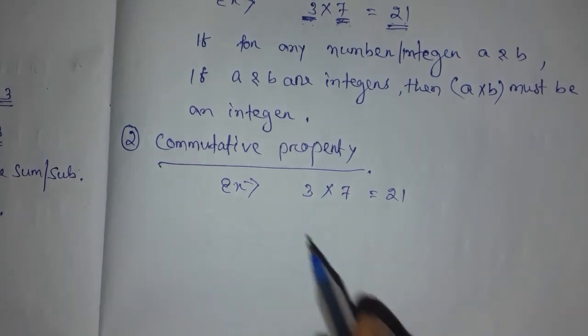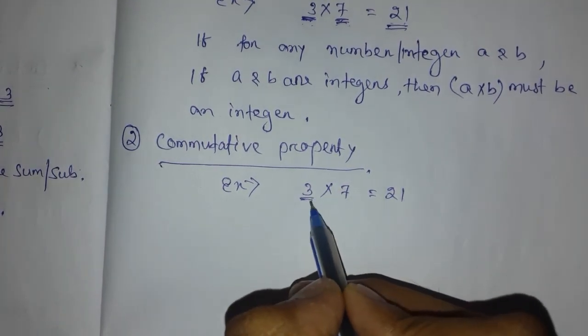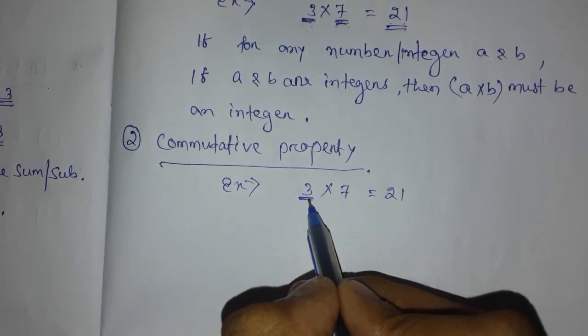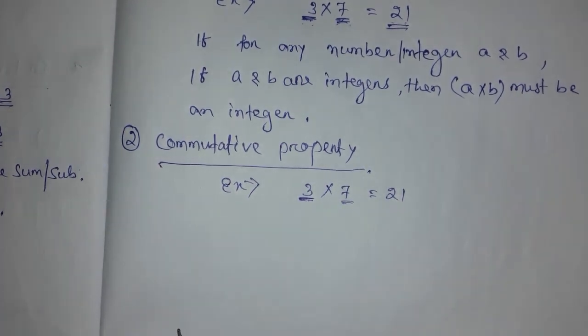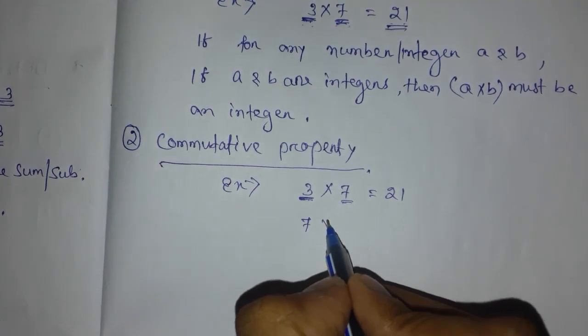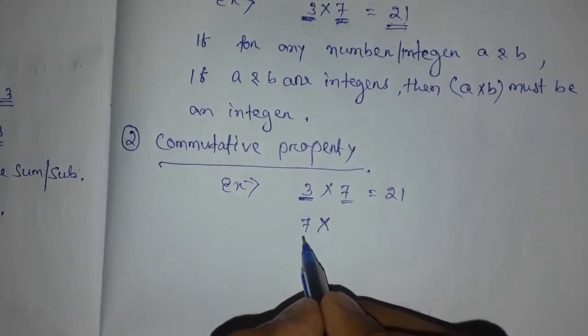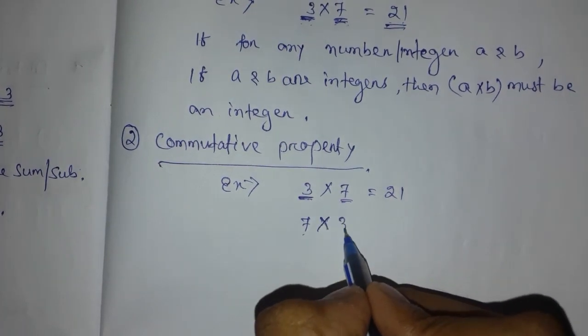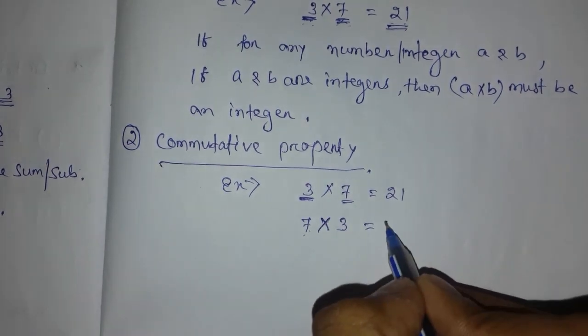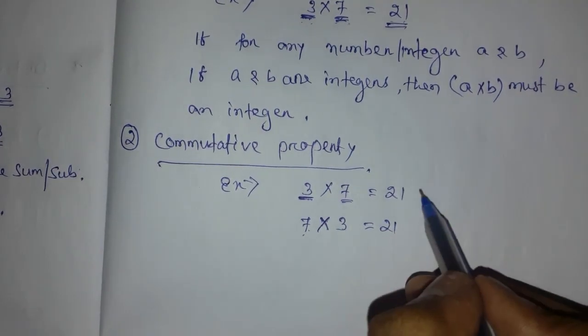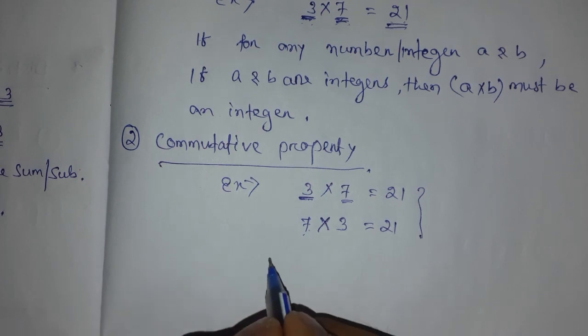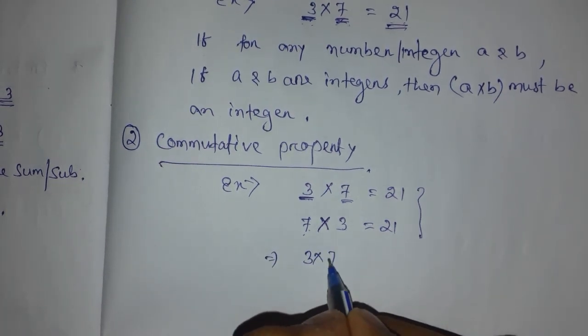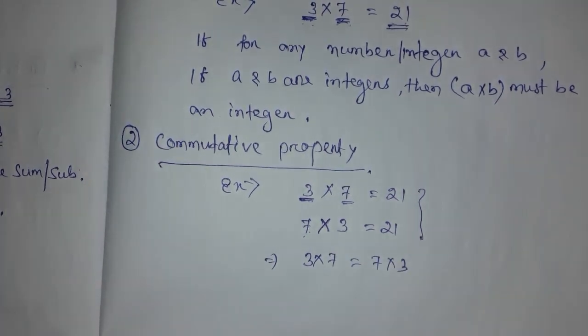Here I take 3 as the first number, 7 as the second number. If I reverse it, making 7 the first number and 3 the second number, what will I get? 7 into 3, 21. In both cases the result is 21. So I can write 3 into 7 is equal to 7 into 3.